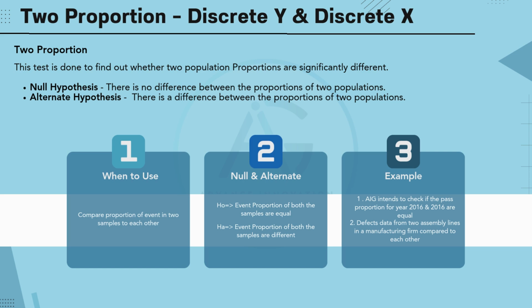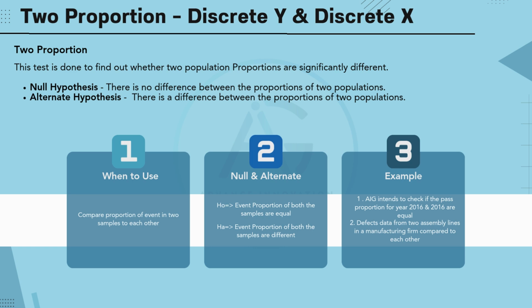When to use it: this test is applicable when you want to compare proportions across two independent samples, such as comparing pass rates, defect rates, or satisfaction rates between two groups. Let's look at a few examples. First, AIG wants to test whether the pass rates of students in 2016 and 2018 are significantly different.